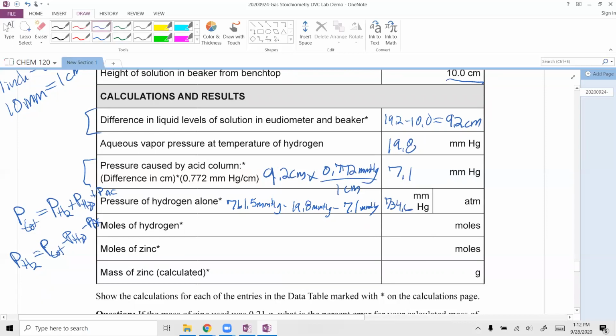734.6. We need to turn that into ATM, so we divide that by 760, which gives us 0.96657. I'm going to go ahead and write this over here.